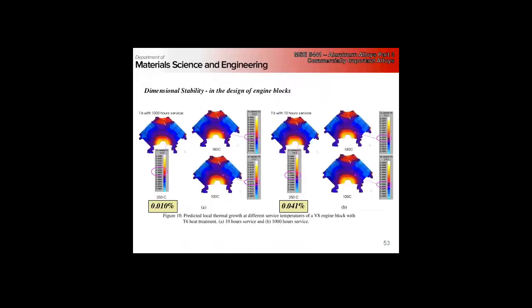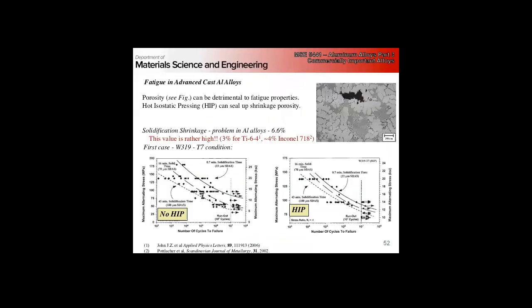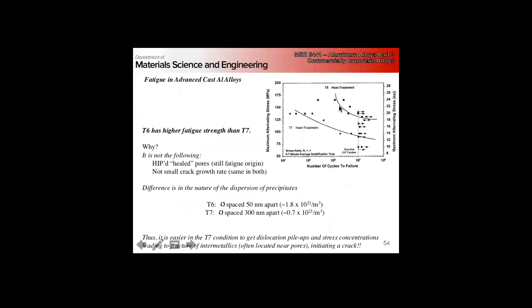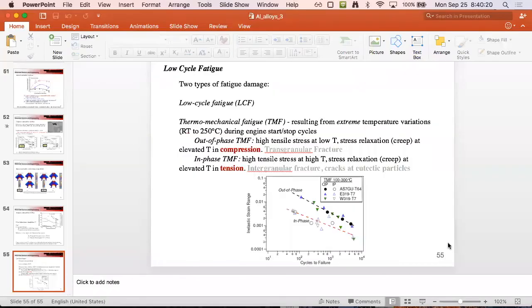And fatigue in cast alloys is a problem because we have pores, and we also have large intermetallics that can break, and the nature of the particle spacing is going to be important for fatigue. So that's primarily it.